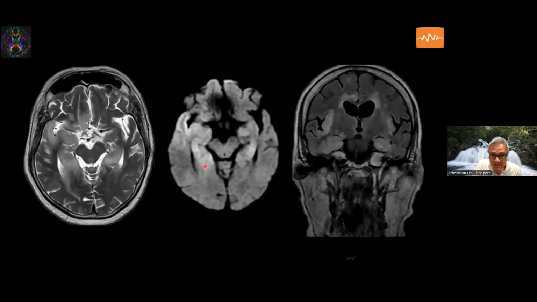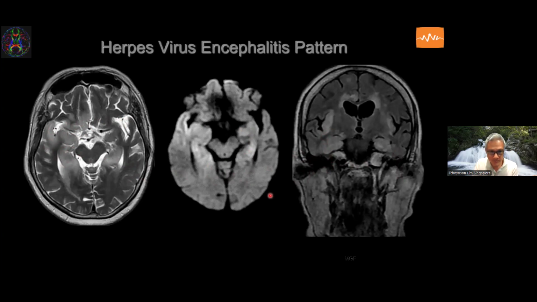Sometimes there is high signal intensity on DWI, but we can see that the FLAIR usually shows us very good signal to noise ratio, and it doesn't have the glare of the CSF high signal on a conventional T2 weighted MR image. And here you can see bilateral involvement of the temporal lobes and the hippocampus, as well as some regions of the frontal lobe.